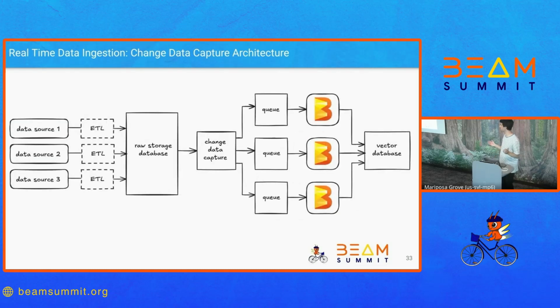And obviously, you don't necessarily need a single Beam pipeline. You probably have different kinds of data that needs to be processed differently, different sources, different file formats. Each of them can obviously have its own Beam pipeline with its own quirks and features. Nothing holds you back from writing multiple pipelines.